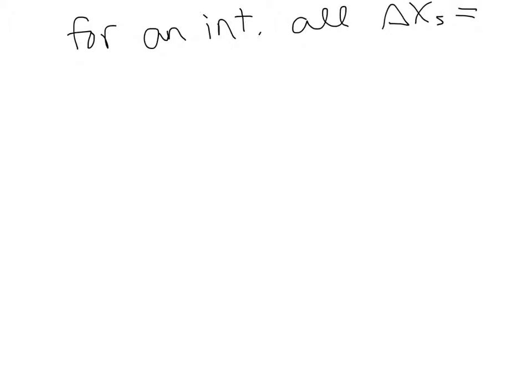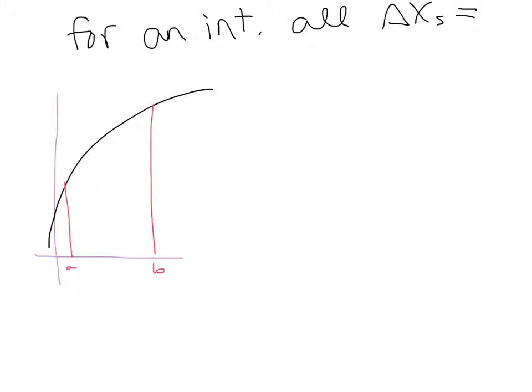Let's think about what would happen to our Riemann sum, or the area under our curve, if we took the area of all of our rectangles from A to some point B. Just for today, we're going to break it up into 4 rectangles for this example.